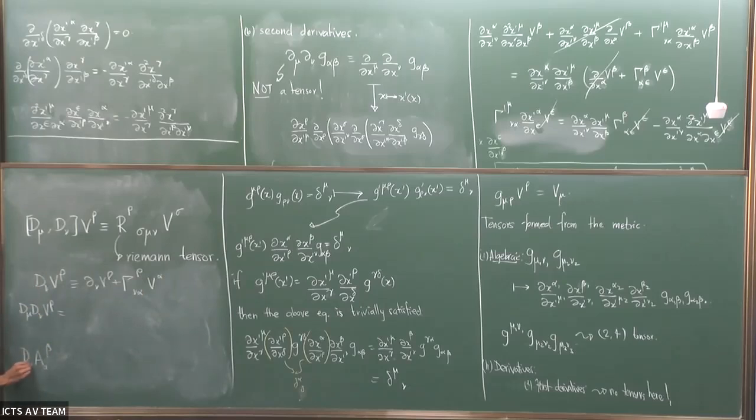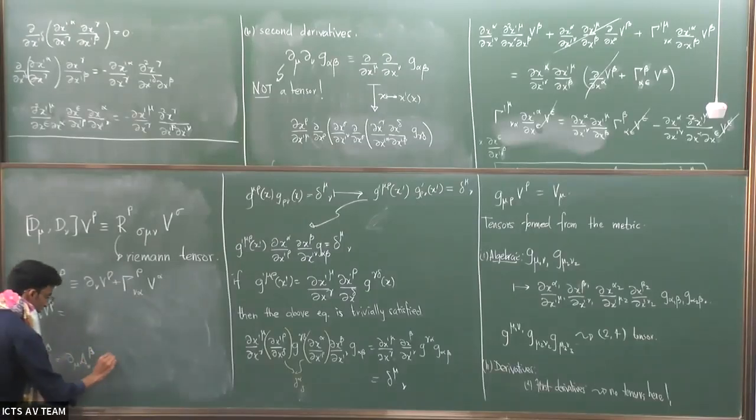D mu of this? Partial derivative plus gamma beta up.